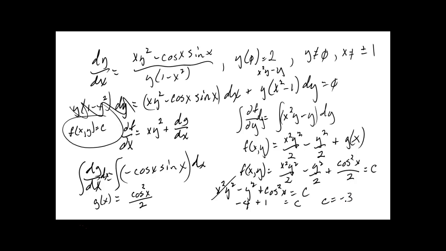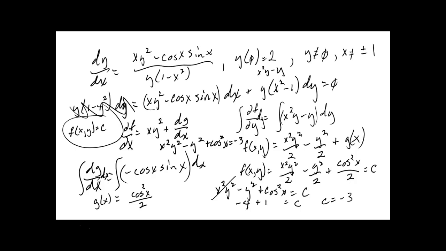-3. Okay. So we finally can write our real answer down as this: x squared y squared minus y squared plus cosine squared x is equal to -3. Or plus 3 is equal to 0. I don't care how you write that. I kind of like it plus 3 equals 0, so I have a -3 on the other side. But that's our solution.